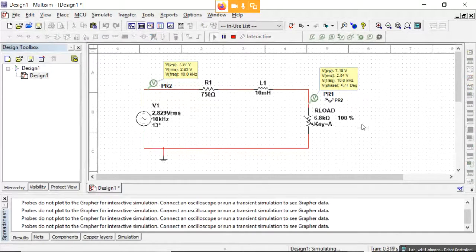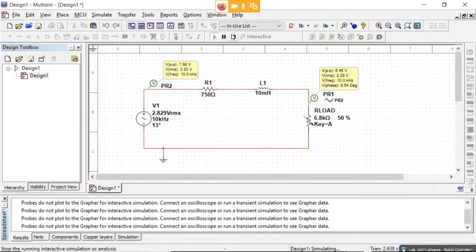As long as it's large enough, you don't actually have to stop it. The only thing is it shows you a percentage, so you have to figure out, if it's a 6.8K potentiometer and it's at 50%, well, then that's 3.4 kiloohms. So you would have to do the math.